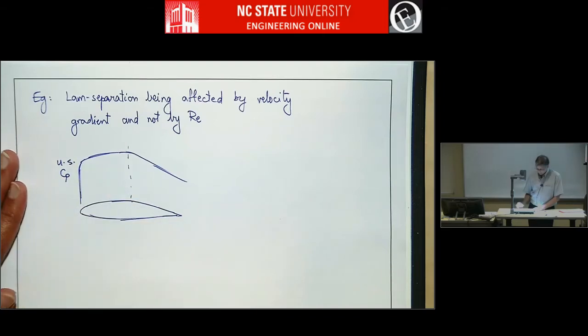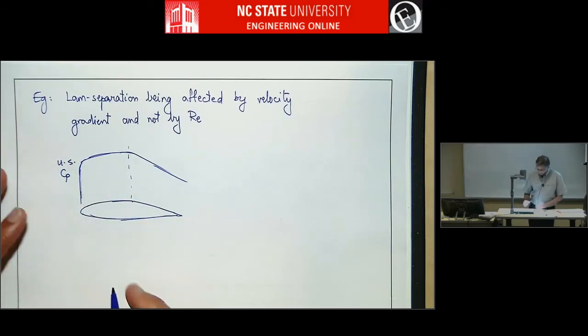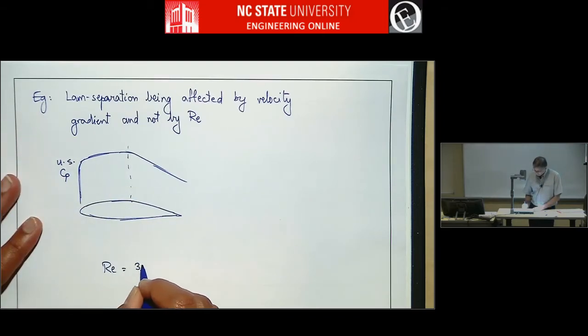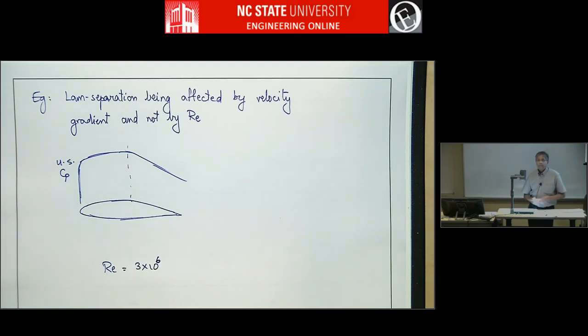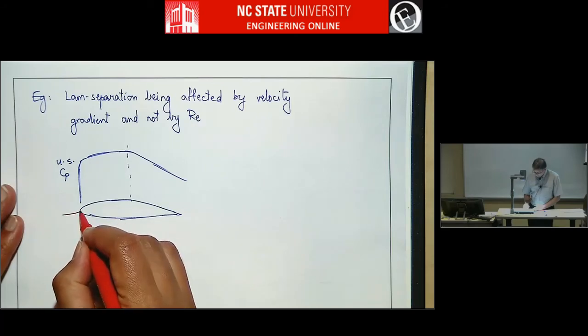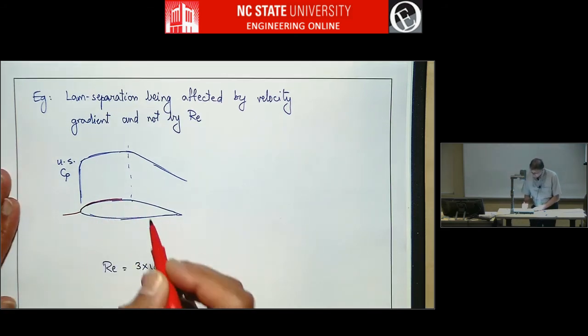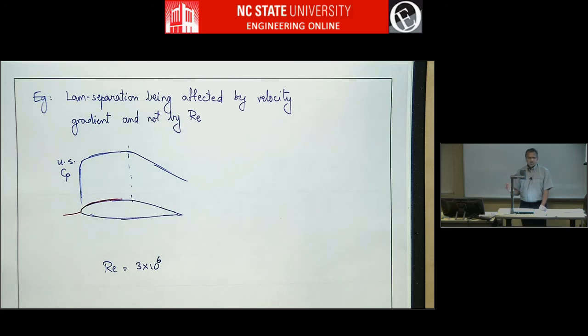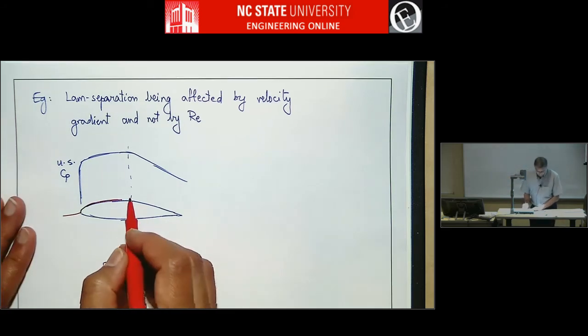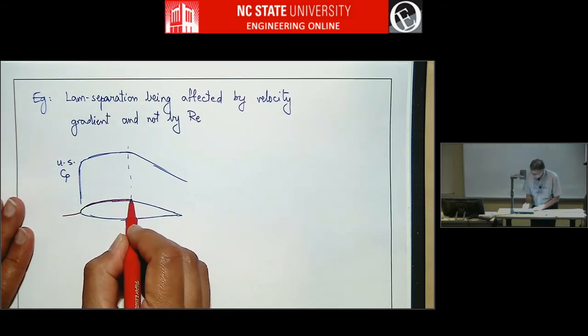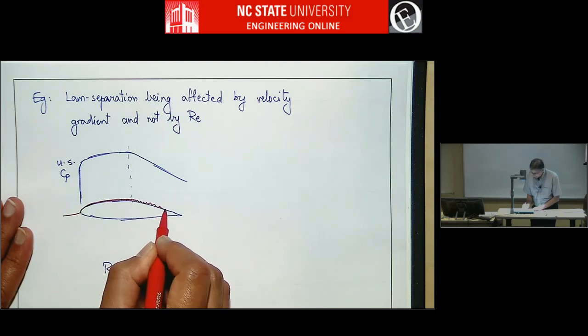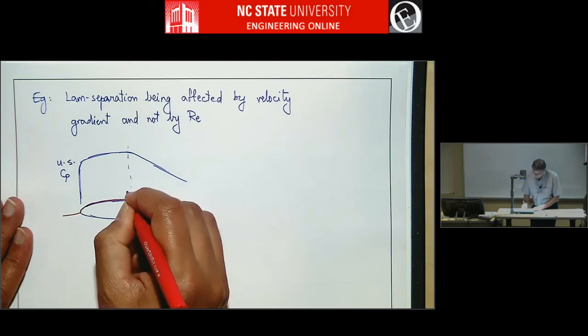So this is the upper surface CP. And let's say this is Reynolds number of 3 million. Right, so here this is a fairly high Reynolds number compared to what we're going to look at in comparison. And here the laminar boundary layer is not very stable. So when it sees an adverse pressure gradient, it's going to become turbulent rather than separate, and so it becomes turbulent boundary layer, stays attached, and here you have transition.